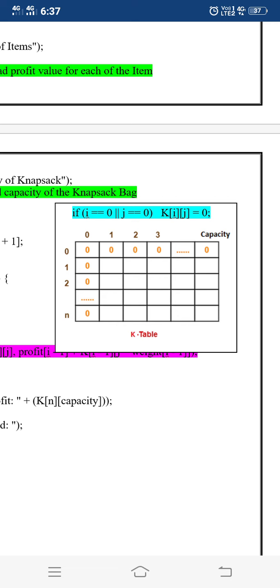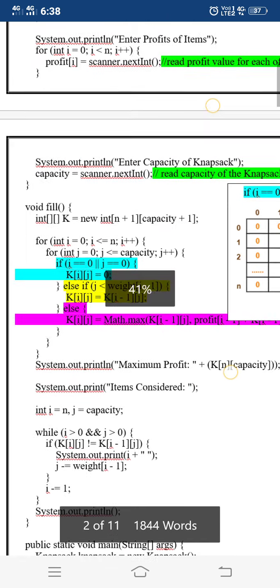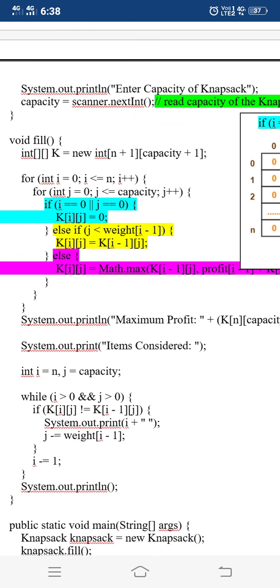So we will have n plus 1 rows and capacity plus 1 columns. To fill up this table we have two for loops, which help in reading or writing the data into the two-dimensional array through the usage of the variables i and j.